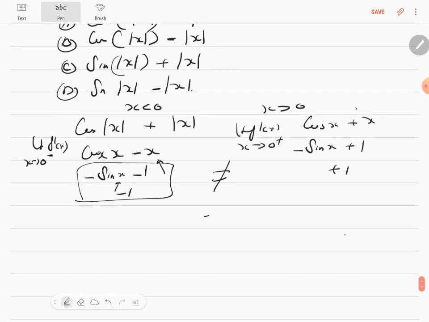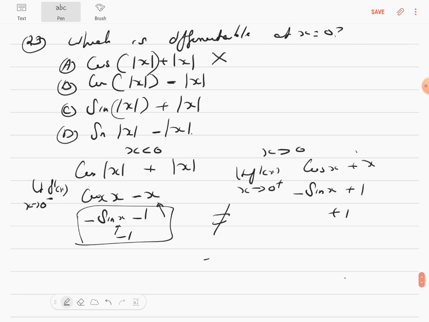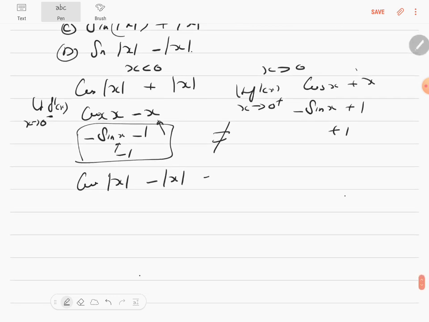So let's go to option number B. So option number B, when x is less than 0, I've checked that. Next is B is cos of mod x minus mod x. So for x is less than 0, it will still be cos x, but this will be minus of minus x, so it will be plus x, and when you differentiate it, you get minus sin x plus 1, and this is for limit f dash of x tending to 0 from the left, sin 0 is 0, so answer is plus 1.